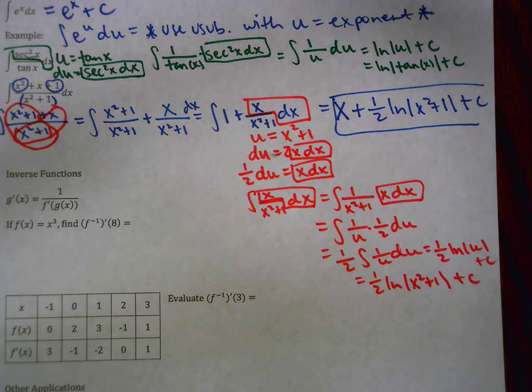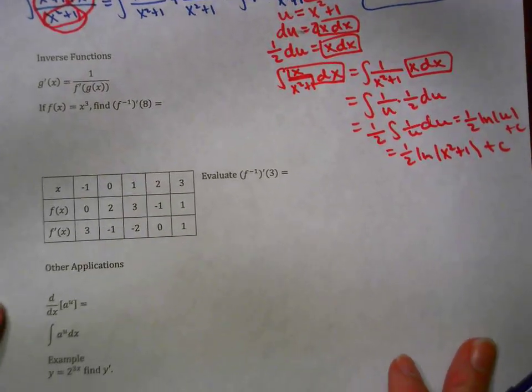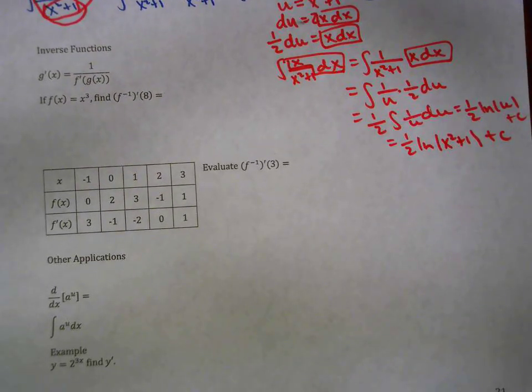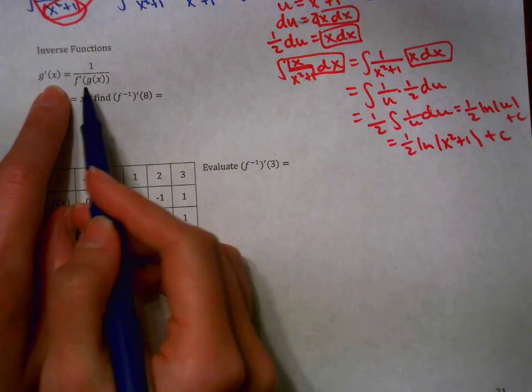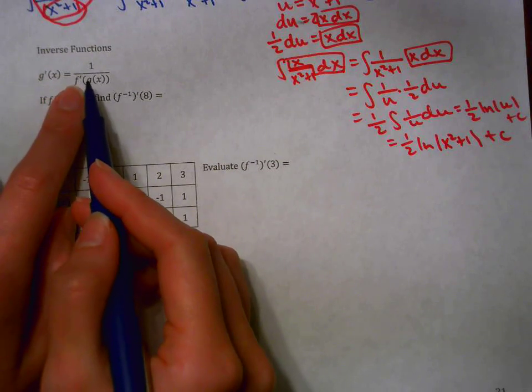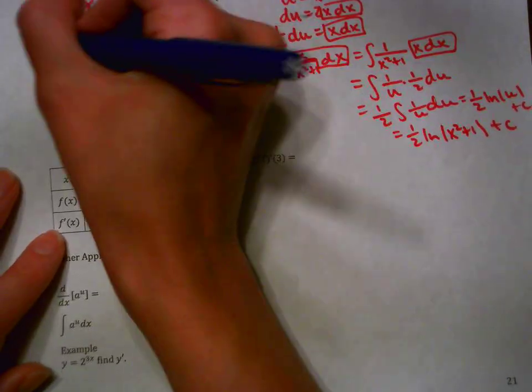Okay, and well, not last, there are some other things at the bottom, but kind of switching gears, another thing we covered in chapter 5 was inverse functions, how to find the derivative value of an inverse function. So this only works if f and g are inverses, if they tell you. If they never said f and g are inverses, you cannot use that formula. So I'm going to write that down.